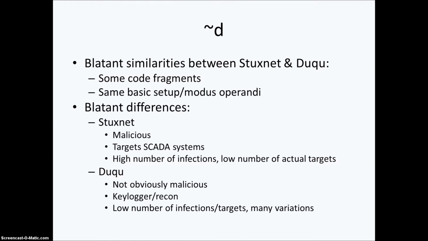Once it's on one of those systems, it activates, and it has the capability of destroying that SCADA system by overriding certain controls within the system. It had a very high number of infections, but really it had a pretty low number of actual valid targets.